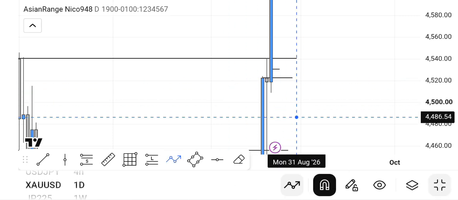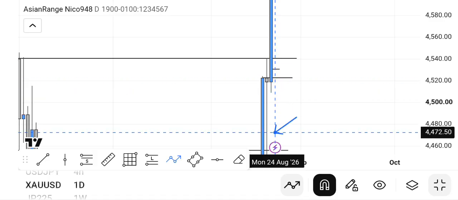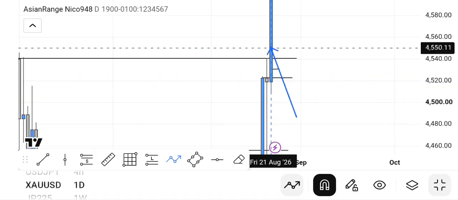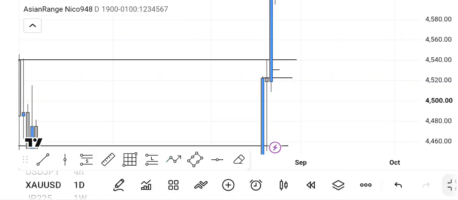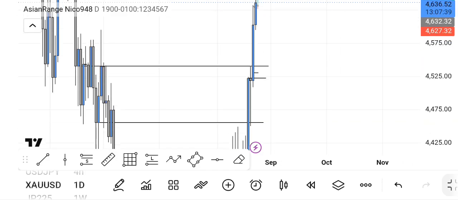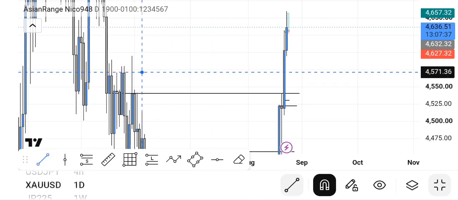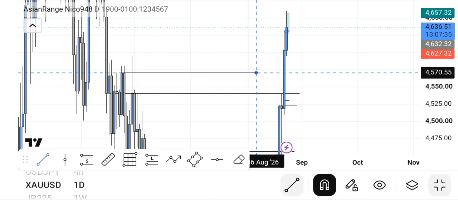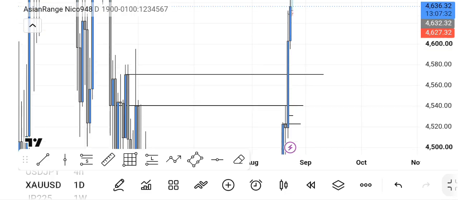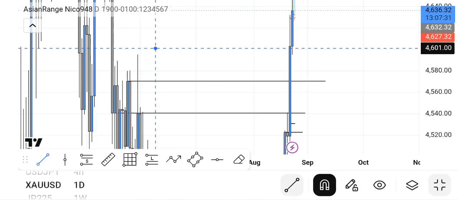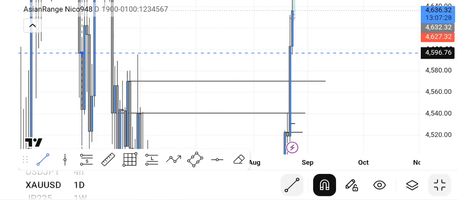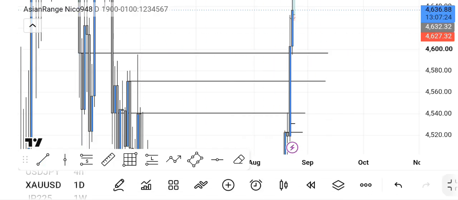This has already closed above bullish, breaking so many key levels. In fact, that's even where this one bounced off from.